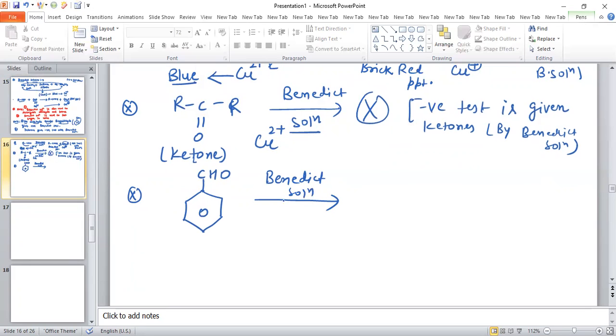When Benedict solution is added, initially the oxide is CuO. So basically this is Cu2+. The name of this oxide is cupric oxide. Now what happens? Because of this cupric ion, the color is blue.